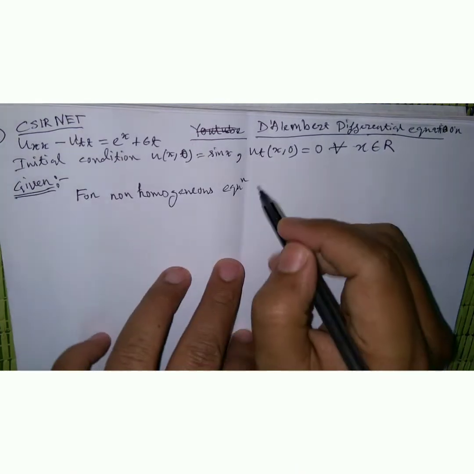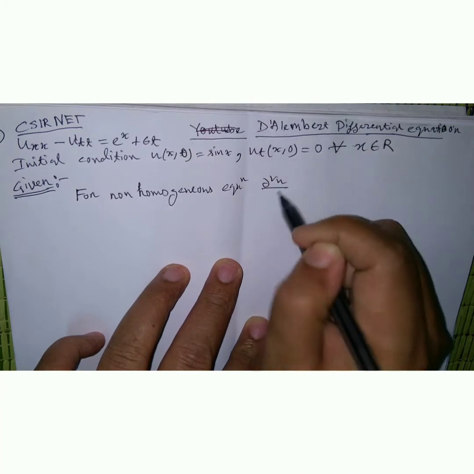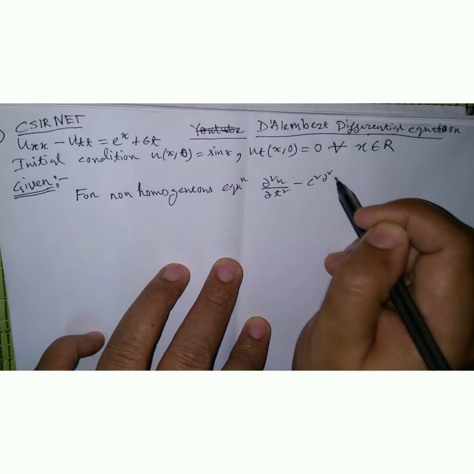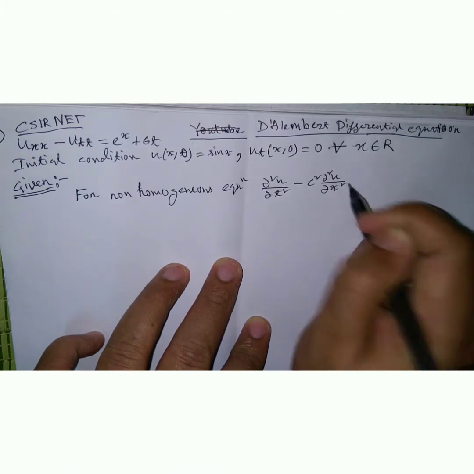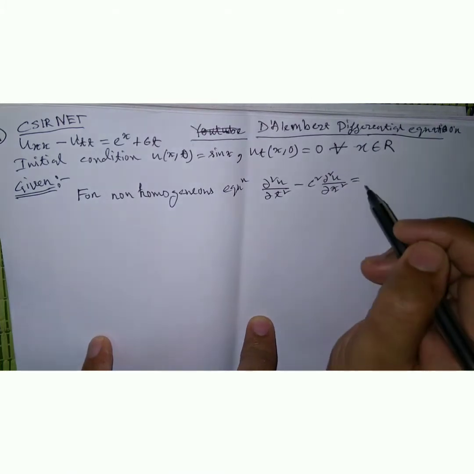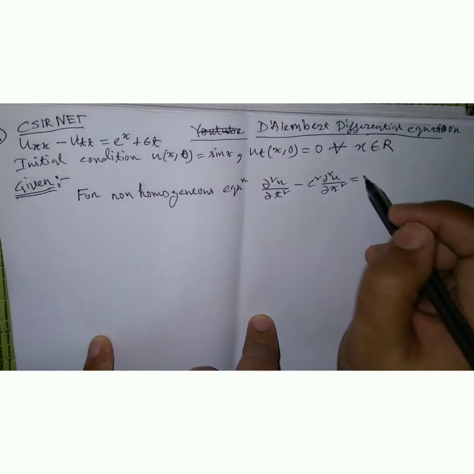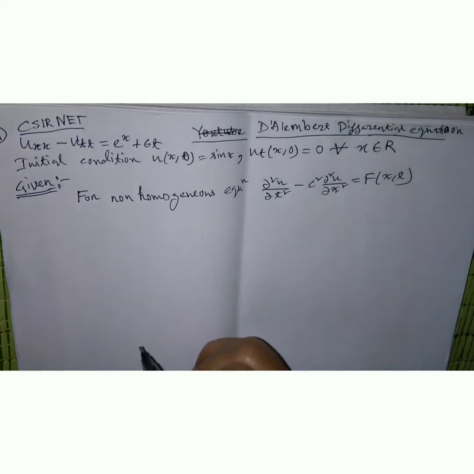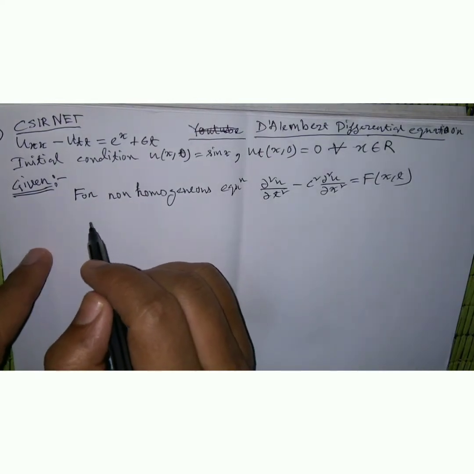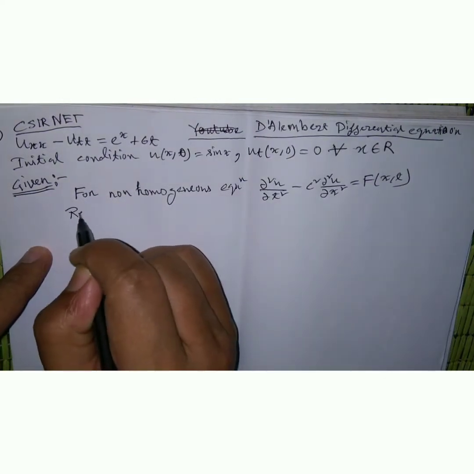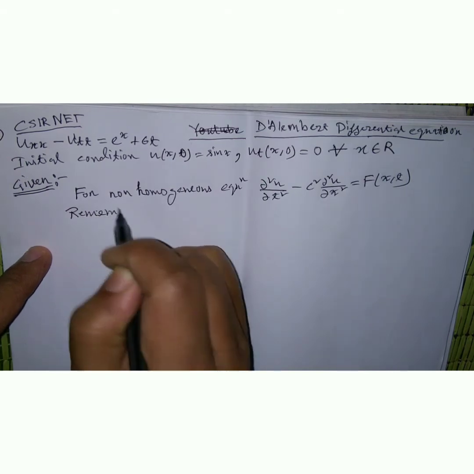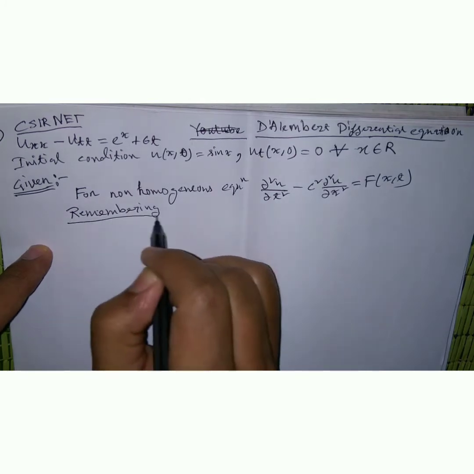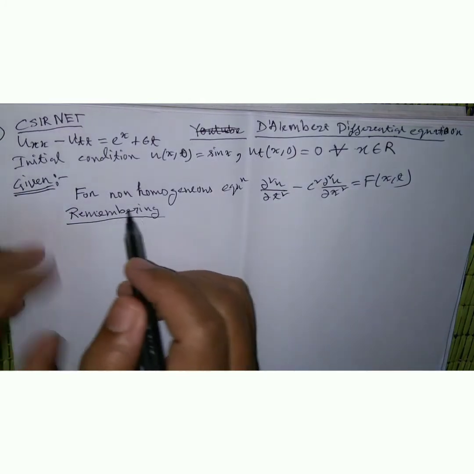Whatever we get: del square u divided by del t square minus c square into del square u divided by del x square equals f(x,t). And remember this formula, because it is very important.